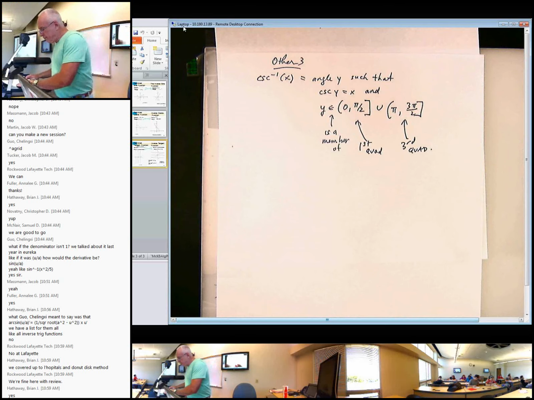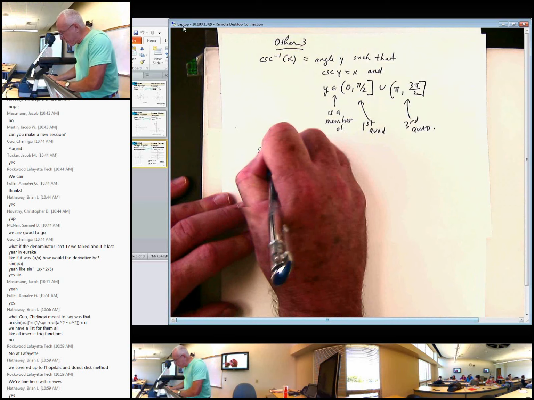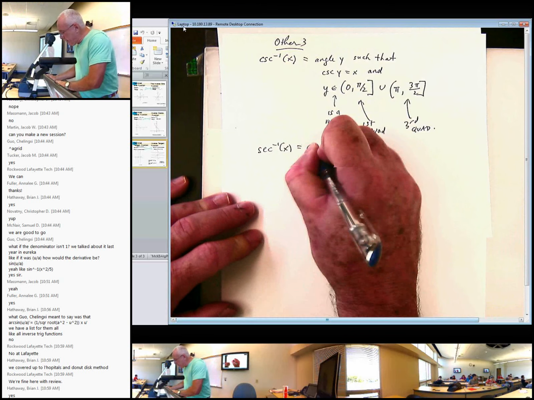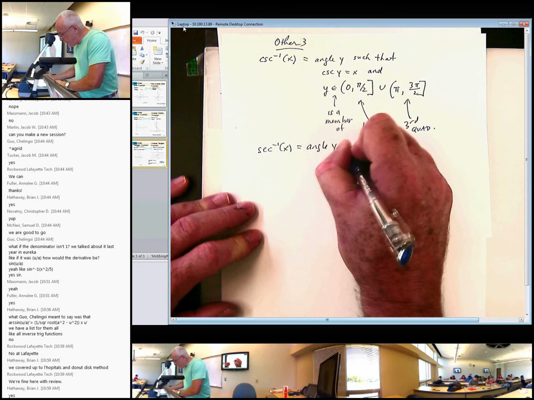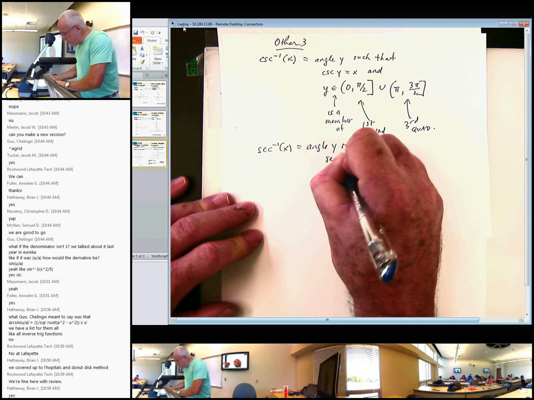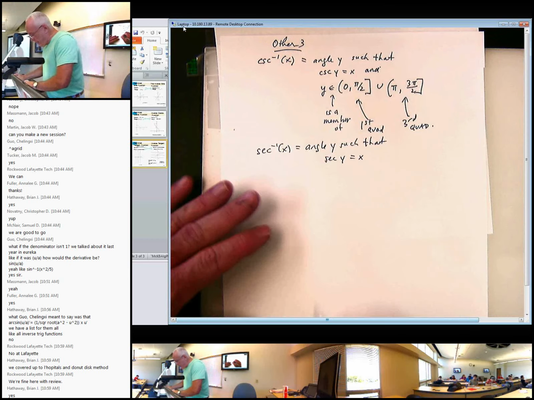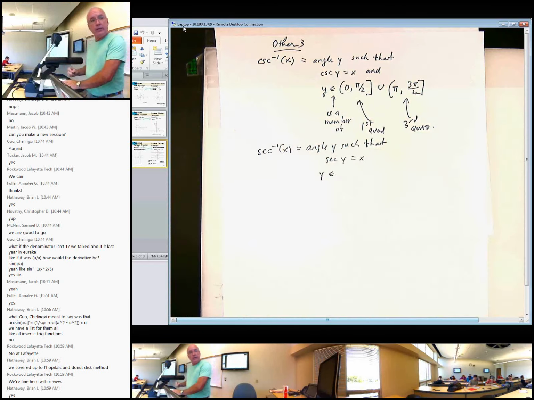We have a similar thing for the secant inverse of x. Again, it's going to be an angle y such that the secant of y is equal to x. And here, the angle y is in the following areas.